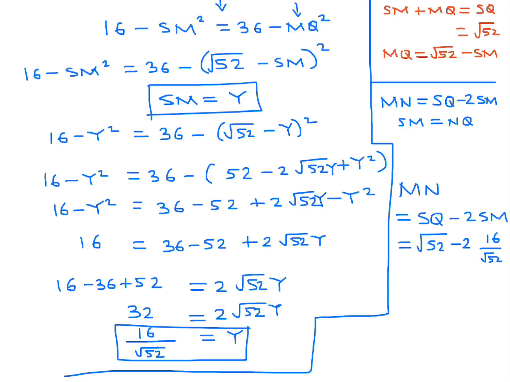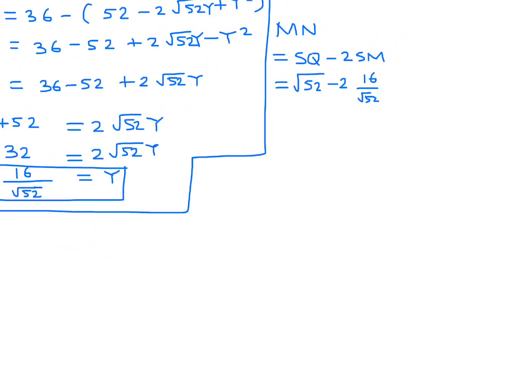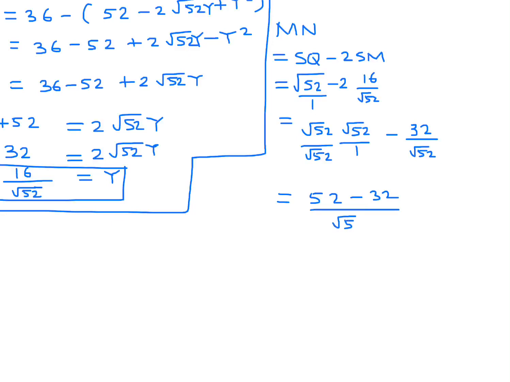So we just have to figure this out right here. Top and bottom, root 52, trying to get a common denominator here. Minus 32 over root 52. So this looks like 52 minus 32 over root 52, and this is 20 over root 52.